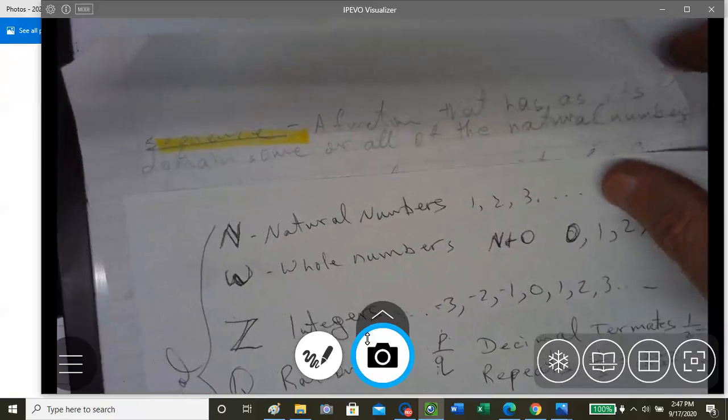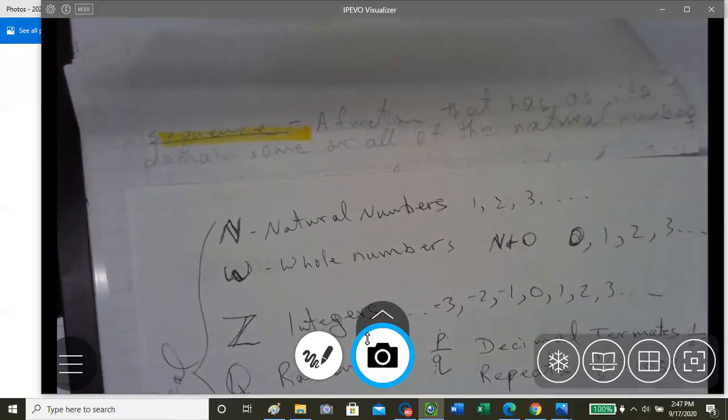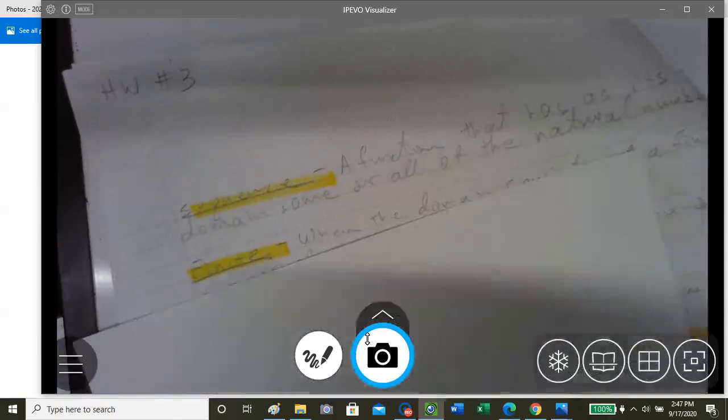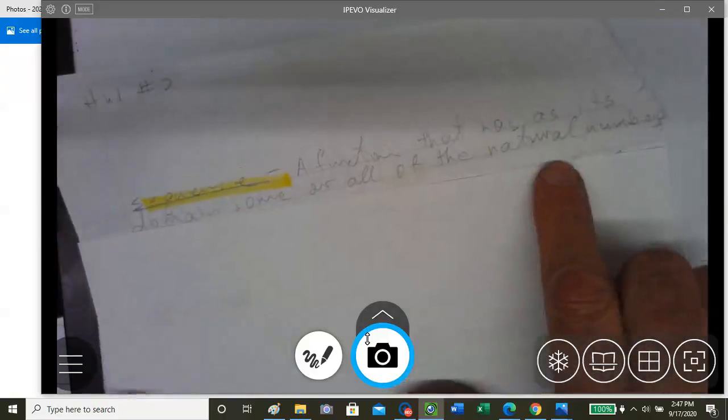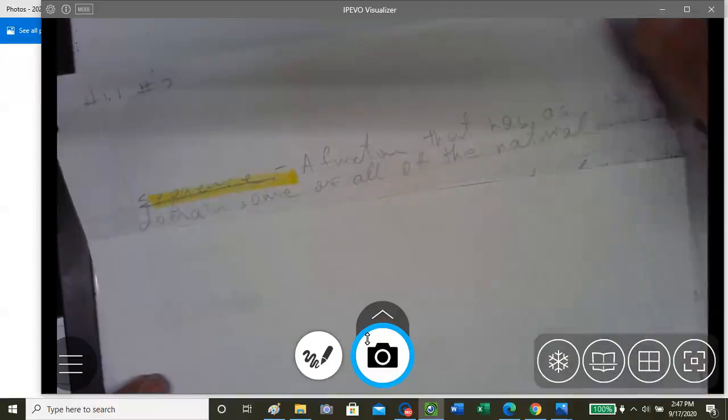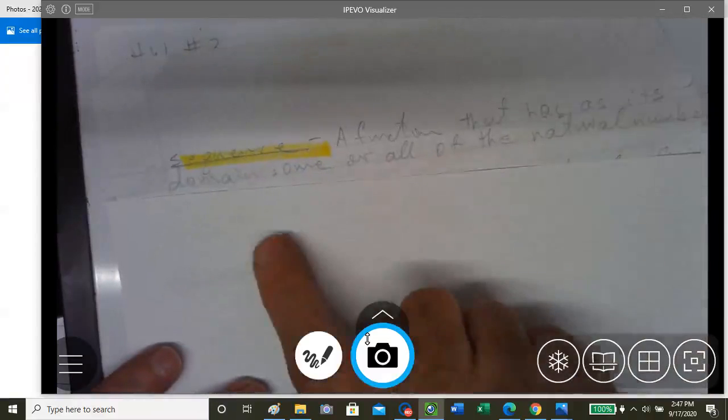Okay, sequence. A sequence is a function that has as its domain some or all of the natural numbers.